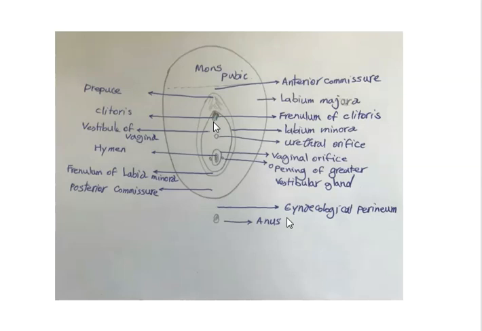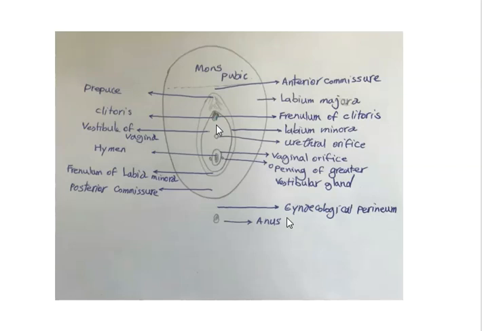The clitoris is an erectile organ homologous to the penis. It is not traversed by the urethra. This is the urethra, quite separate from the clitoris.